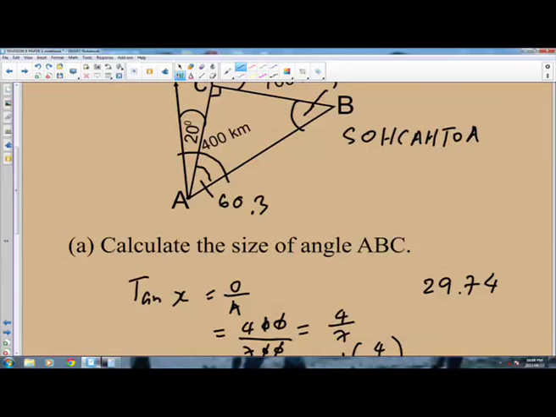But the question says we are to calculate the bearing of B from A, meaning we are to find the whole of this angle from the north line up to this. And how do we get this? It will be the 60.3 plus 20 degrees.